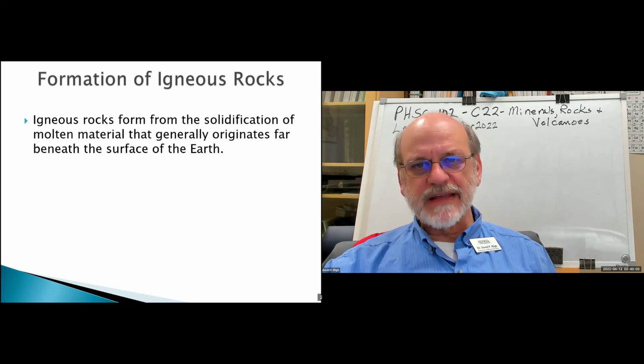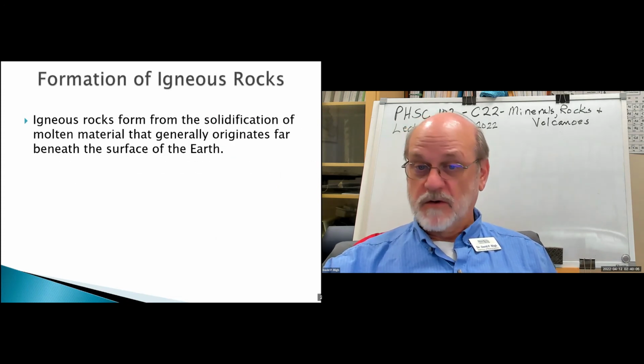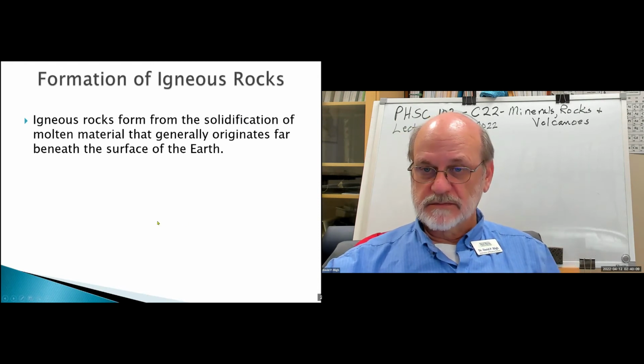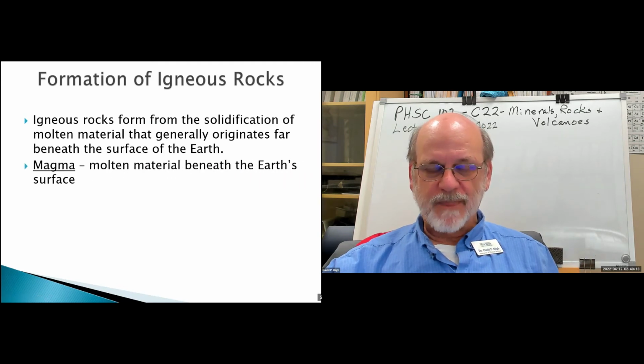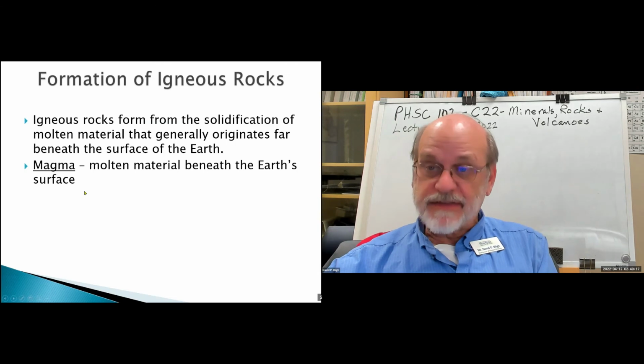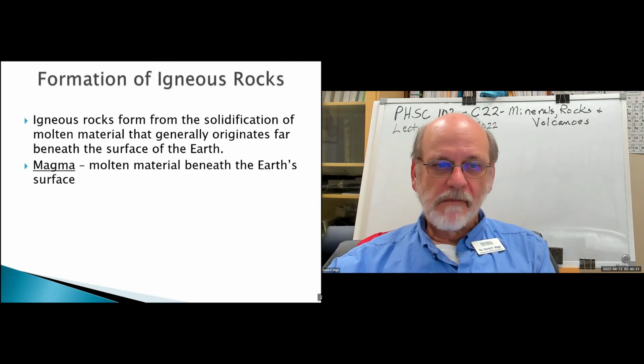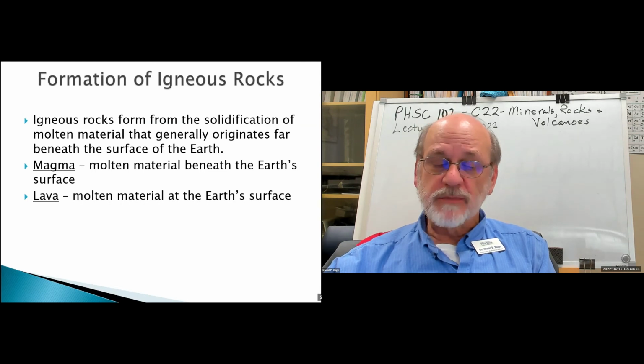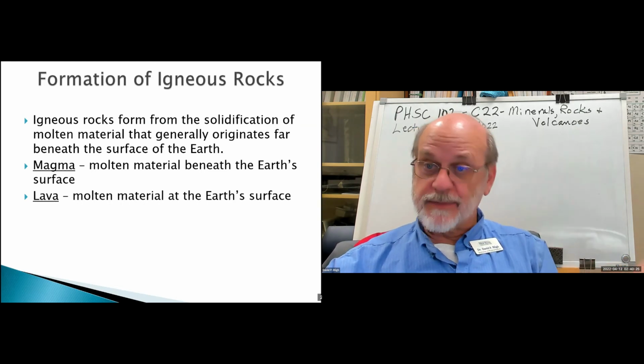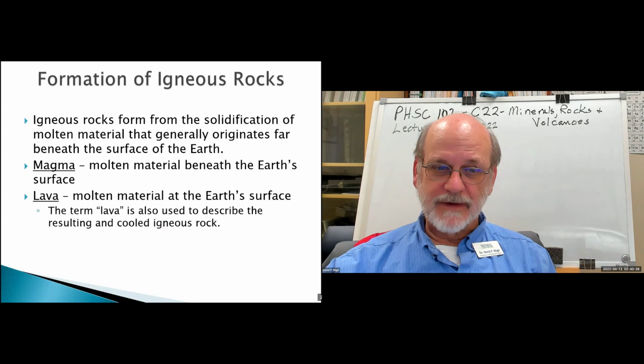Okay, so when we talk about igneous rocks, we've already mentioned how they form. You need molten material. That's a prerequisite. It has to be liquid. It could be magma, right? Molten rock beneath the earth. Or it could be lava escaping to the surface of the earth.